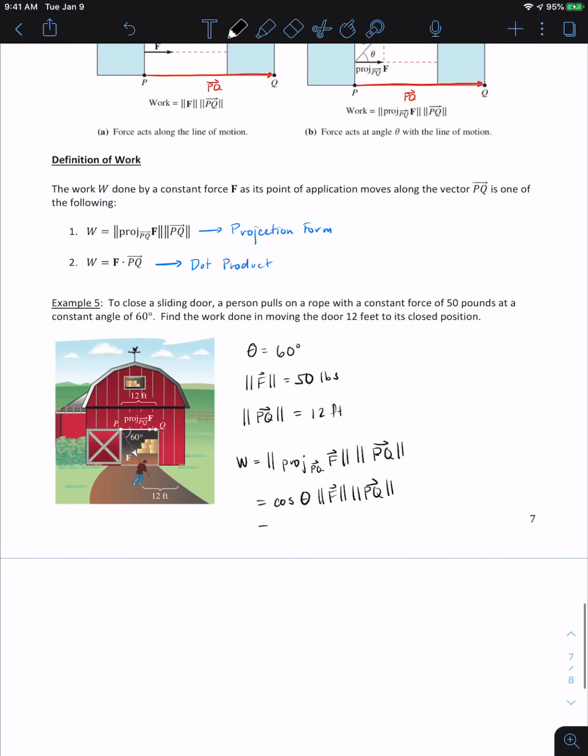Now plugging in all of our values: cosine of 60 degrees times the magnitude of the force, which we said was 50 pounds, times the length of PQ, which is 12 feet, and that gives us 300 foot-pounds, right? Because remember, that's our unit for work. So that's our final answer there.